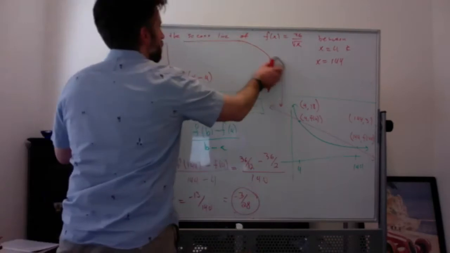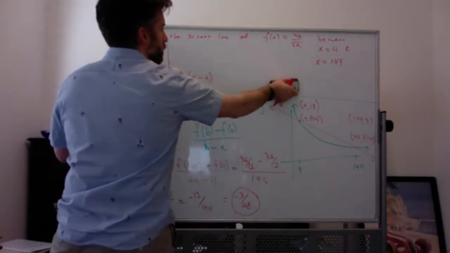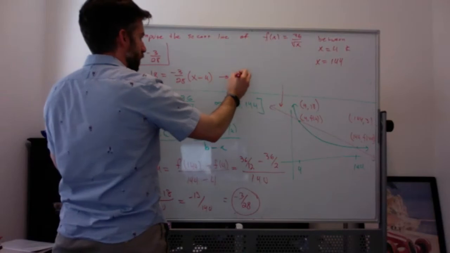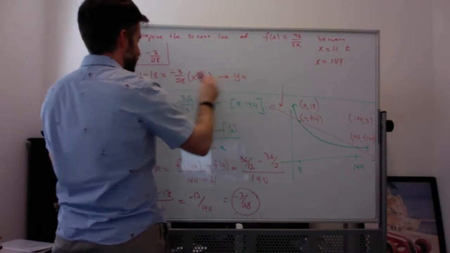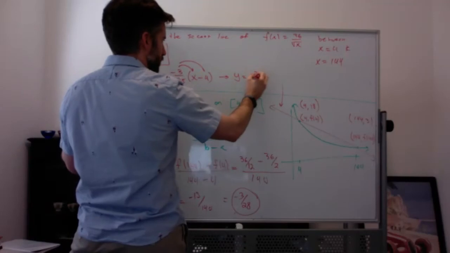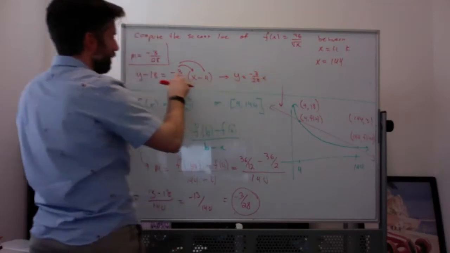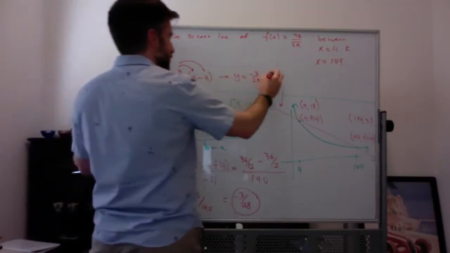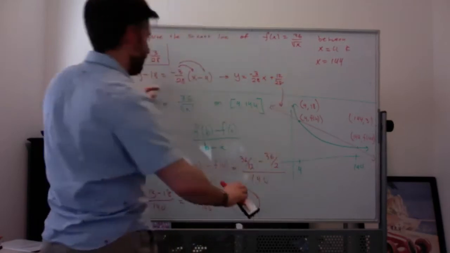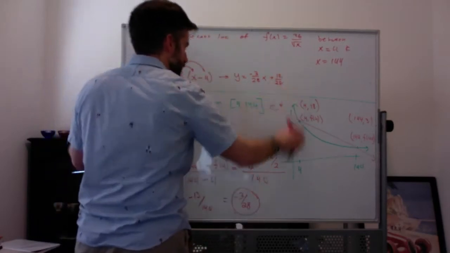I'm going to erase this. You can solve for y. You can say y equals, I'm going to distribute this -3/28. You get -3/28 x. -3 times -4 is +12/28. And then I'm going to add this 18 over to the right-hand side.